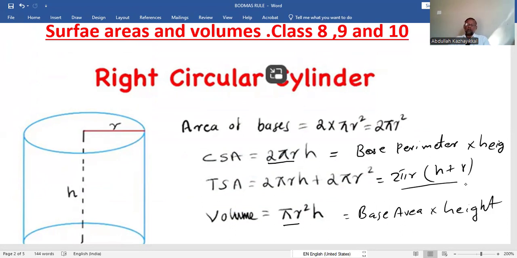In the CBSE book you cannot see that it is there. In IGCSE they do it like this.